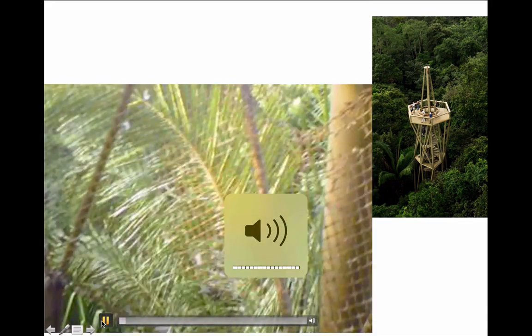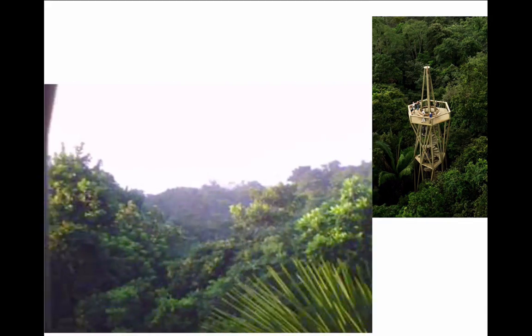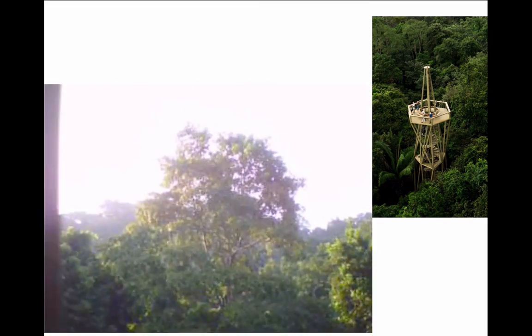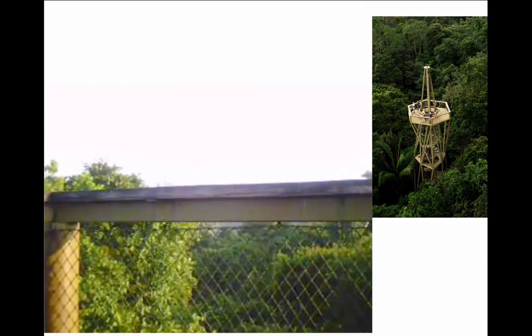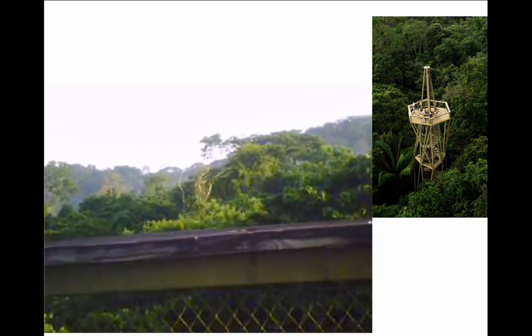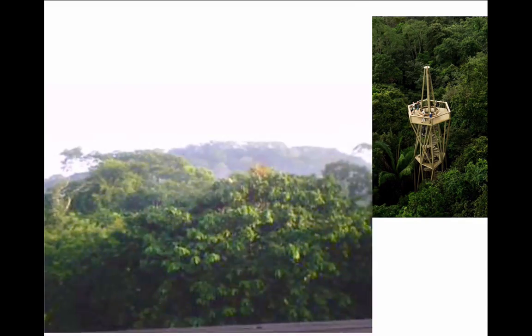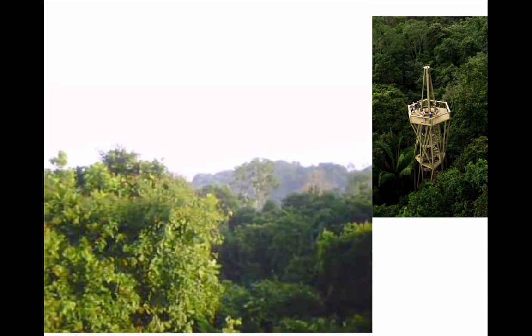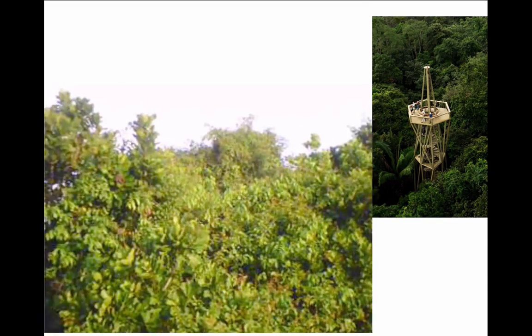So I'm going to take you with me here in Panama. I'm nearly to the top of the Canopy Tower on the Pipeline Road in Gamboa, Panama. It's just after sunrise. What a view.